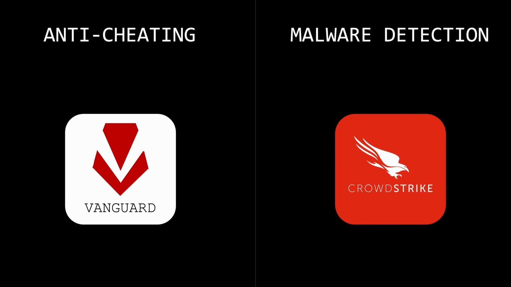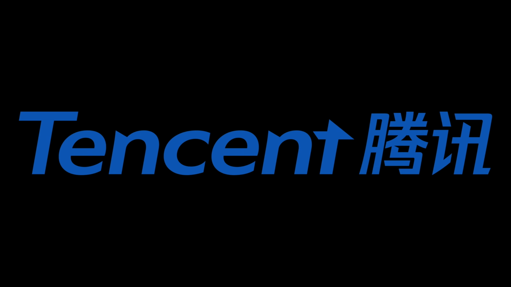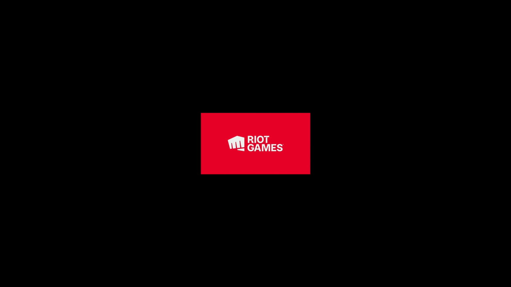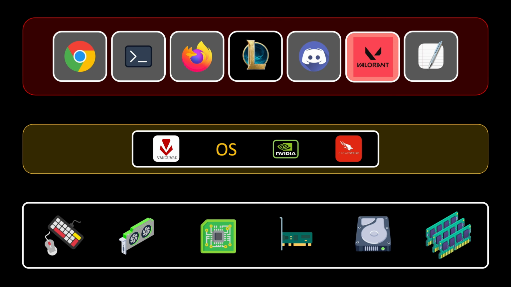Another example is Vanguard, an anti-cheating software from Riot Games, used in popular games like League of Legends and Valorant. When first released, it caused blue screens of death for hundreds of players. But the scarier part is its connection to Tencent, a Chinese company that owns Riot Games. It turns out you can't play Riot Games without installing Vanguard, which makes sense for anti-cheating purposes.